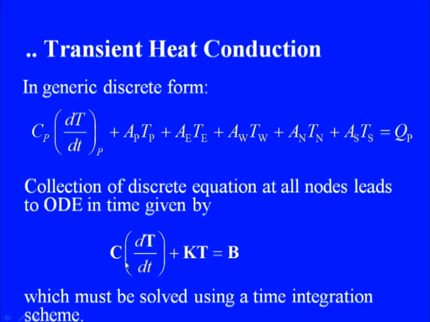In finite difference, finite volume or finite element terminology, specifically in the case of finite elements, this matrix C is also referred to as the capacitance matrix, matrix K is called the stiffness matrix, and B is called the load vector. The same terms are also borrowed and used very often in finite difference and finite volume literature for transient heat conduction problems. So this is a simple system of ordinary differential equations.